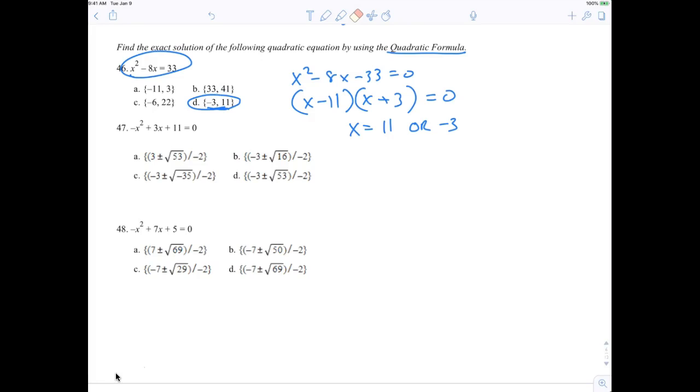Any questions? Now, look at number 47. Does everybody see, just by the answers, we know that it can't factor? Does everybody agree? So now I think it's easier to use the quadratic formula. X equals negative b plus or minus the square root of b squared minus 4ac, all over 2a.